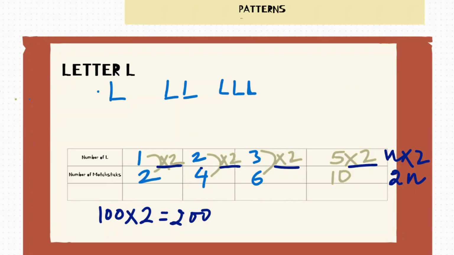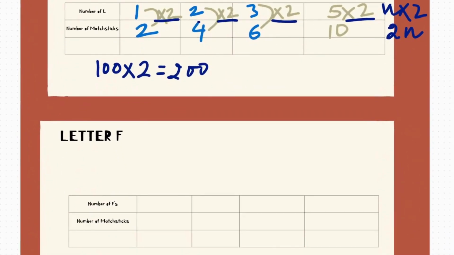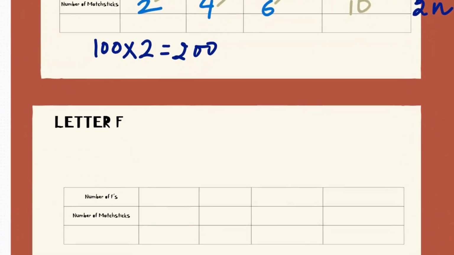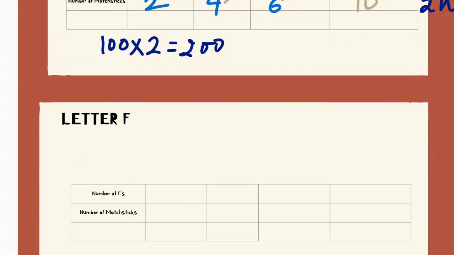Let us see another letter and whether we can create a rule for that letter also, or can we use the same rule for that letter? So let us see. This time we are creating letter F. So create one letter F. How many matchsticks would we require? 1, 2, 3, 4. Now if we have to create two letter F's, how many matchsticks do we require?